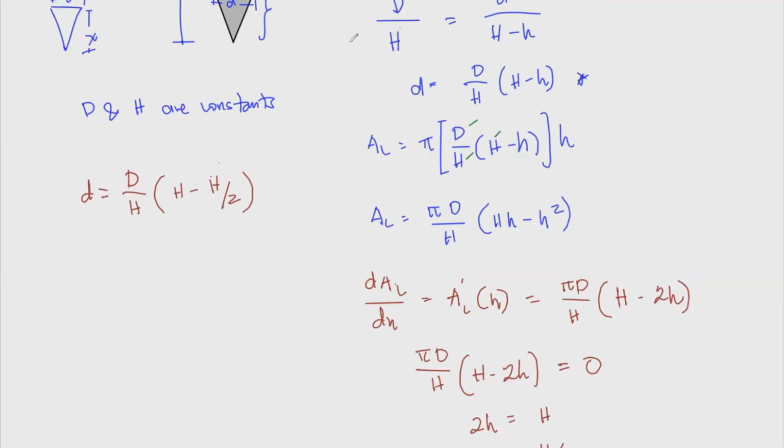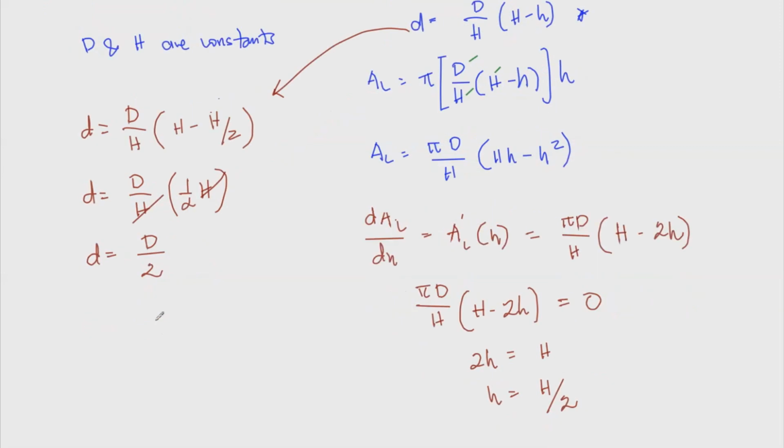You could just substitute that, and then we have d is equal to capital D over H. We have 1/2 H, so we cancel H, and then we're left with D over 2. So basically, the diameter of the cylinder would always be 1/2 of the diameter of the cone, so it is also equal to the radius of this particular cone.